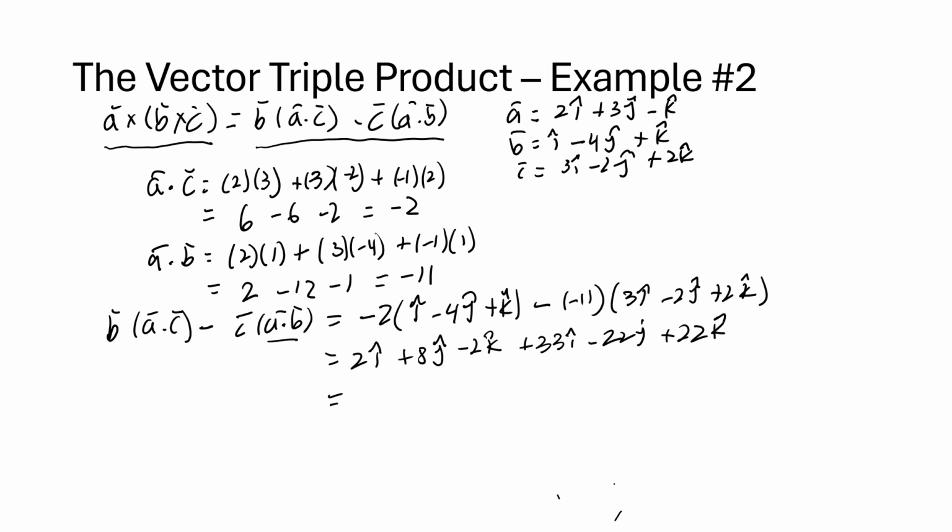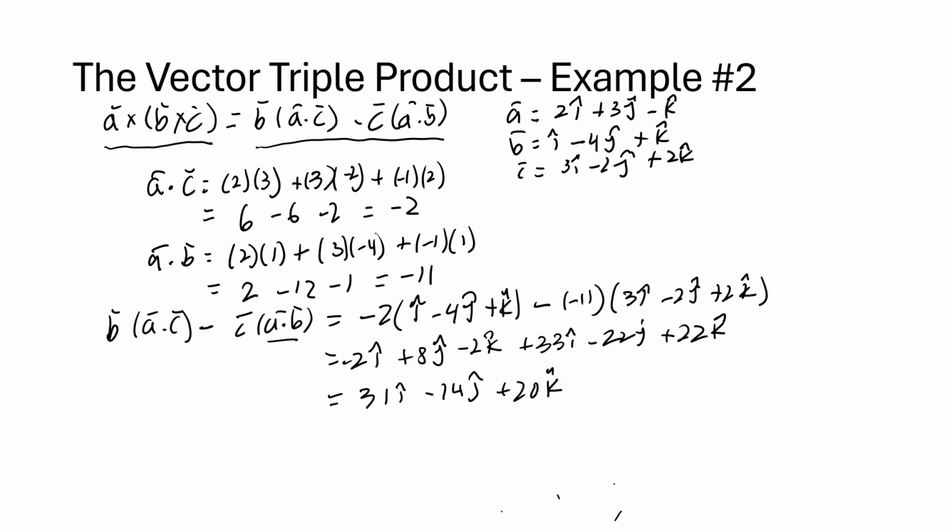Combining like terms, the i's go together, so we've got 31i, minus 14j, because minus 22 plus 8 is minus 14. And then we have minus 2 plus 22, which is a plus 20k.